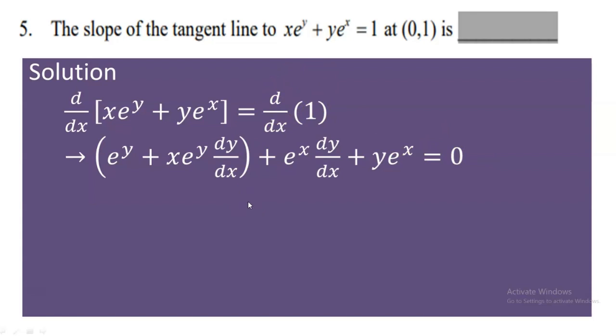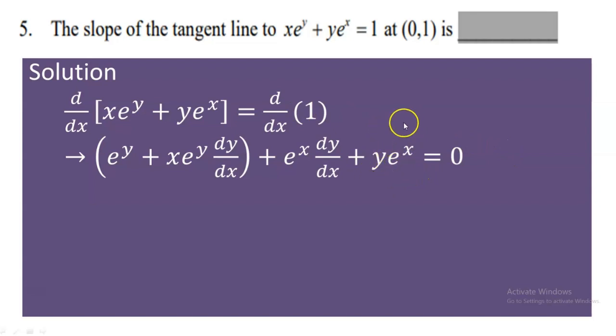My dear students, our intention is to determine the slope, so we are interested to know what dy over dx is going to be. So let's collect like terms together here. I have dy over dx here and dy over dx here, so I may take dy over dx out as a common factor, and then take x e to the power of y plus e to the power of x as a multiplier. I can move this e to the power of y to the right, and it turns to be negative e to the power of y.